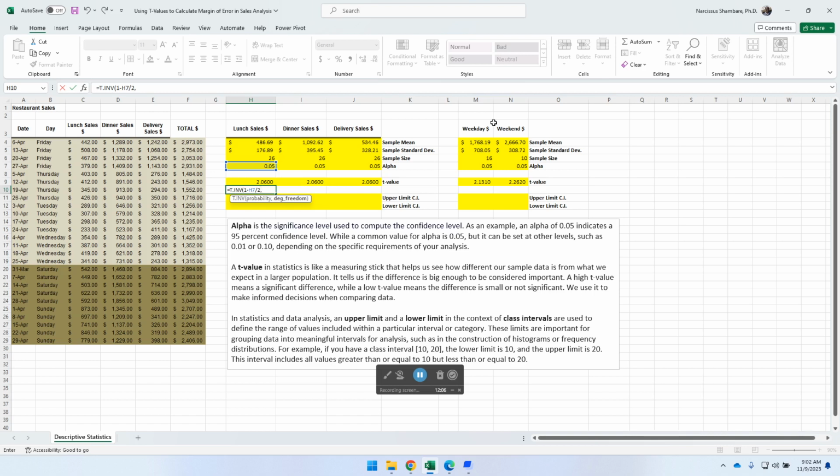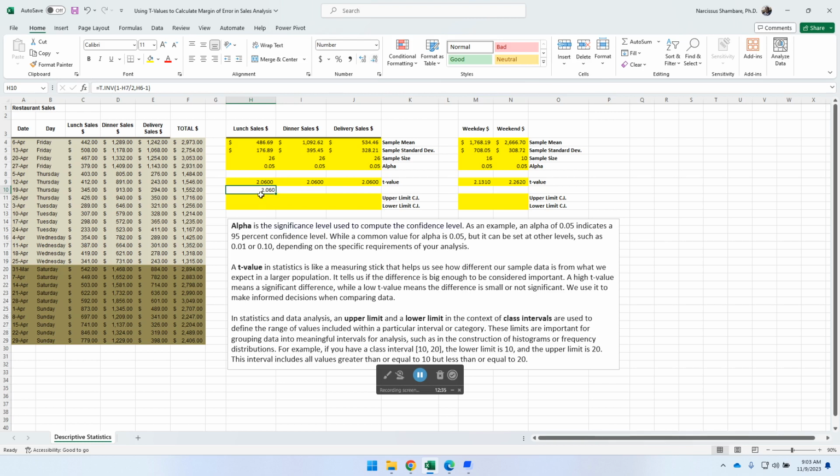So comma, and then what is the degree of freedom, right? We remember when we're looking up on the tables, we're saying the sample size minus 1. So we know that's the sample size minus 1, closing parenthesis. And once we've done that, we can decrease the decimal. Maybe I want it to be to 4 decimal places.